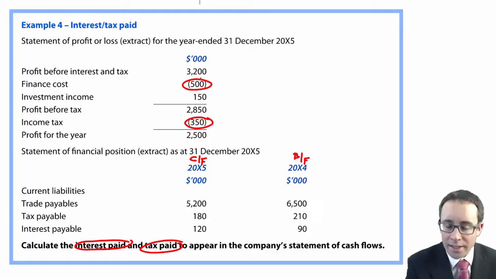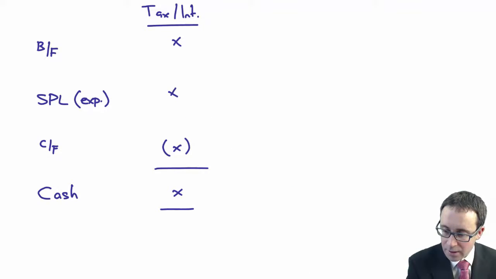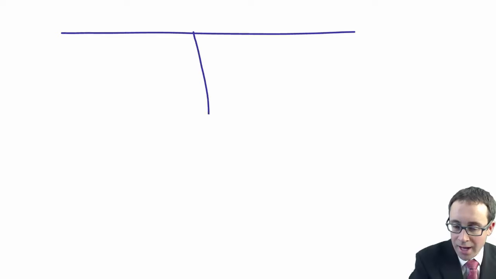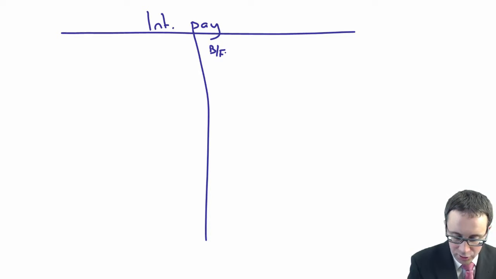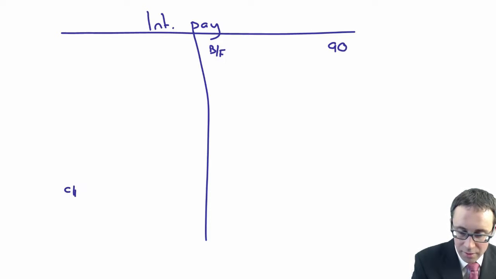I'm going to use a T account. If we look at our interest payable, my opening interest payable figure is 90 on the credit side. The carry forward there is 120.